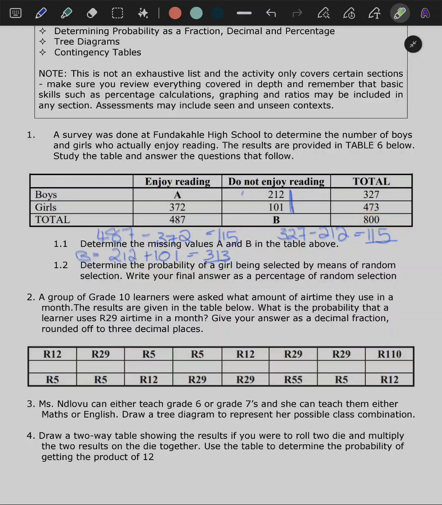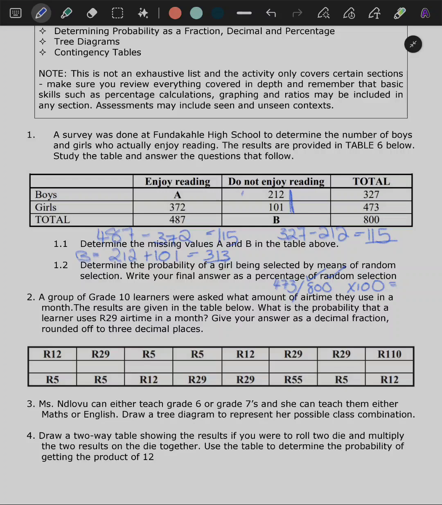For percentage, we always start with a fraction, and for probability we also always start with a fraction. So the probability is 473 out of 800. Then to change a fraction into a percentage, we multiply by 100. You always want to show that fraction first, because you normally get 1 to 2 marks just for that fraction. The changing to a percentage is normally an add-on mark after that.